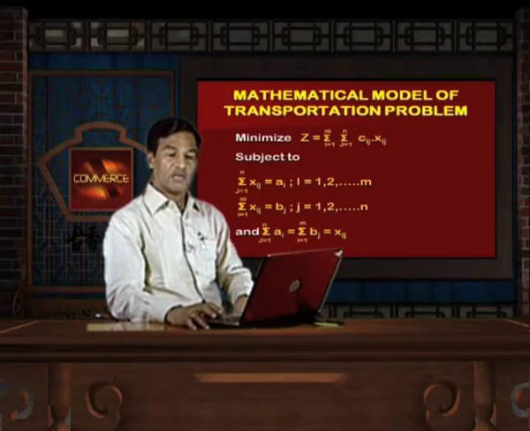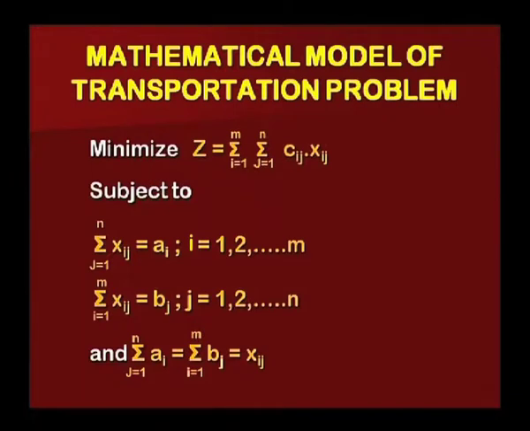The mathematical model of the transportation problem is: minimize Z equals sigma i equals 1 to m, sigma j equals 1 to n, C_ij into x_ij, subject to sigma j equals 1 to n, x_ij equals a_i, where i equals 1 to m, and sigma i equals 1 to m, x_ij equals b_j, where j equals 1 to n, and sigma j equals 1 to n a_i equals sigma i equals 1 to m b_j equals x_ij.